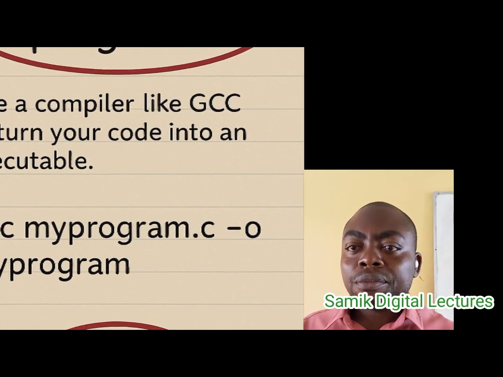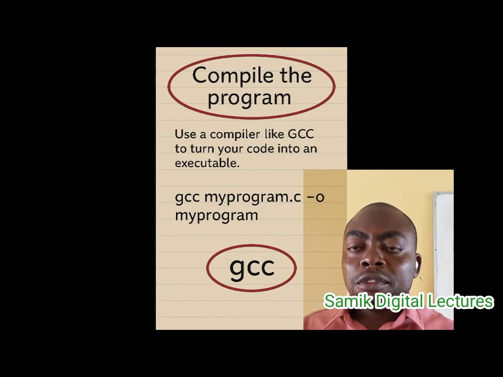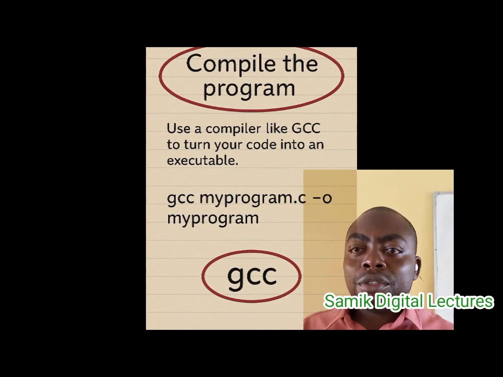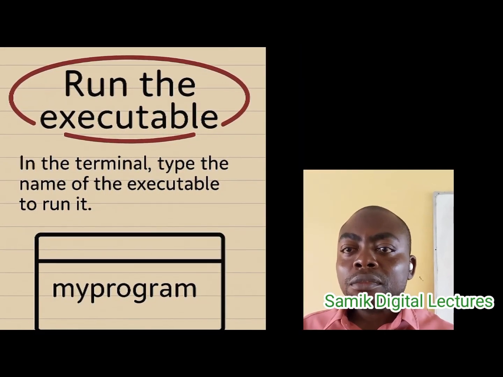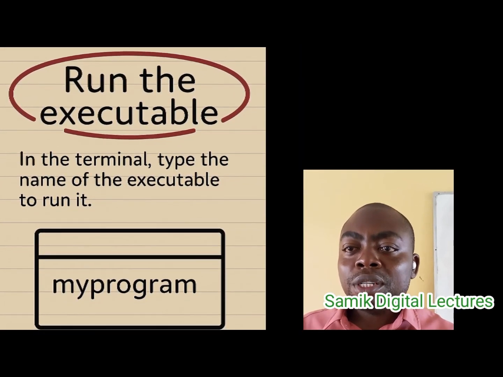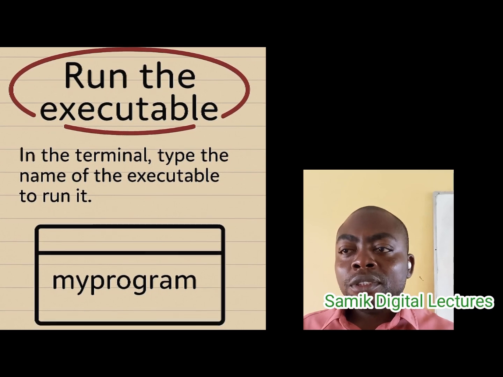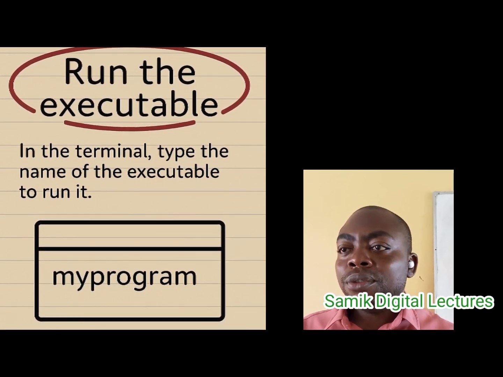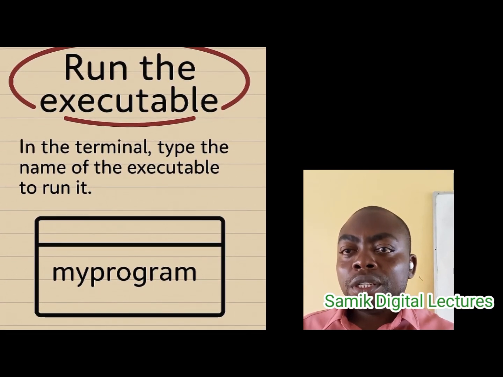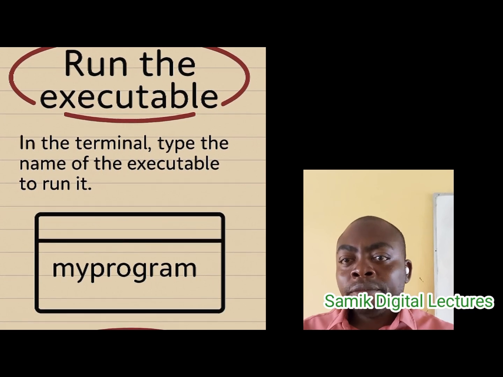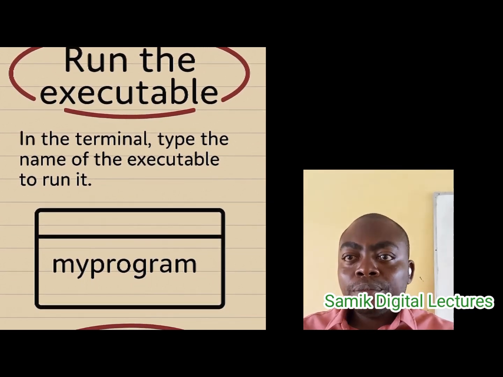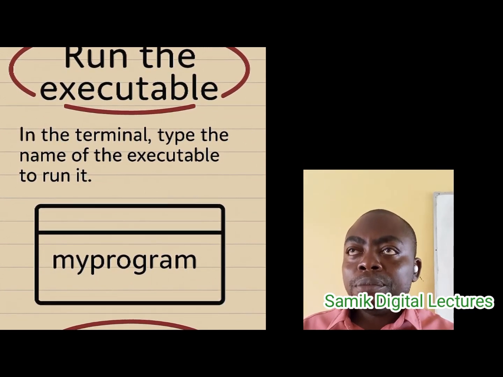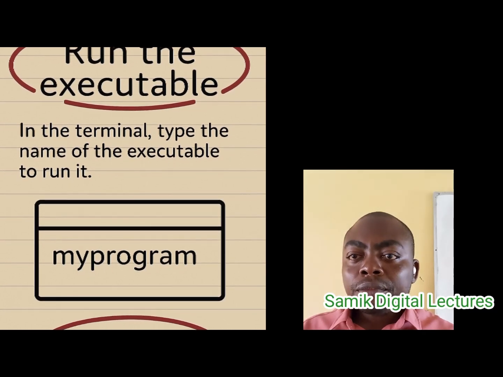Then number 4, run the program. After compiling your program, you run it. So these are the steps you follow to write and run your program in the C programming language.